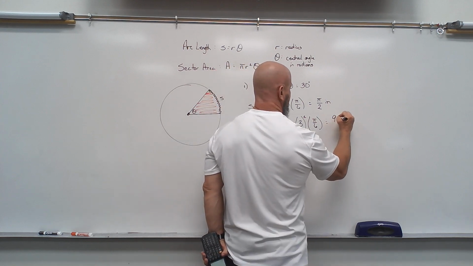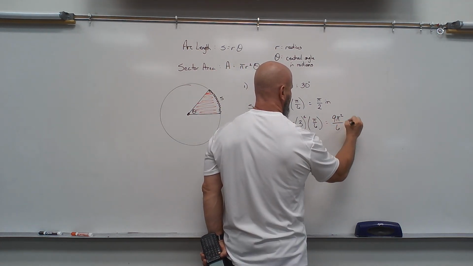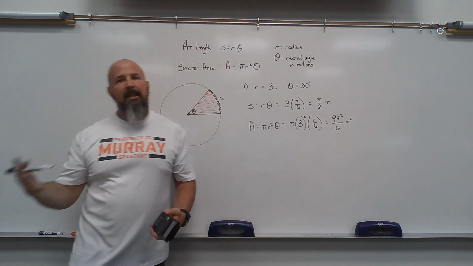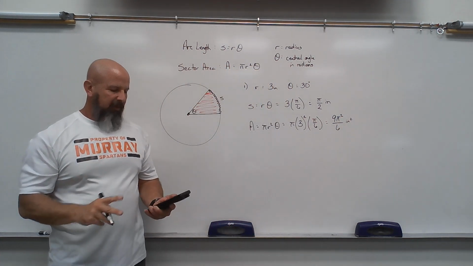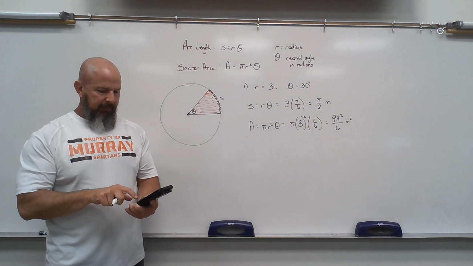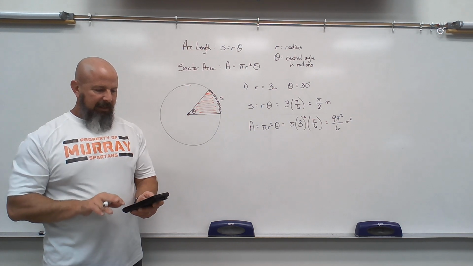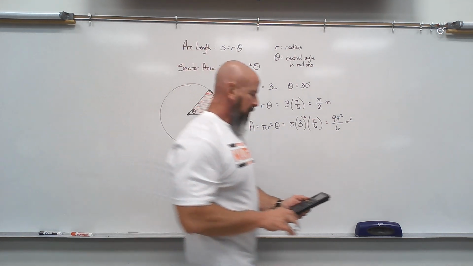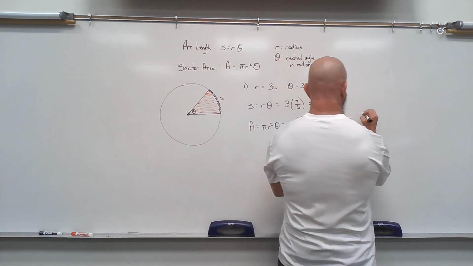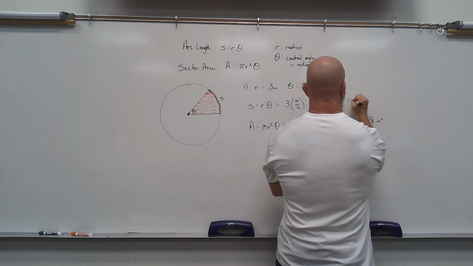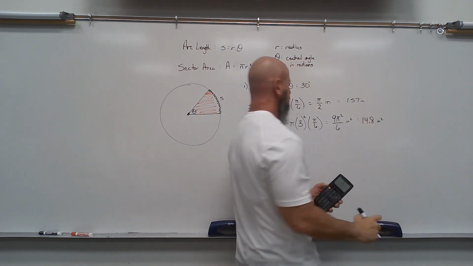So 9 pi over 6 inches squared. And again, typically when we're finding an arc length or an area, many of the times we will just give it in decimal form. So unless I calculated wrong, I got about 14.8 inches squared, about 1.57 inches on that arc length.